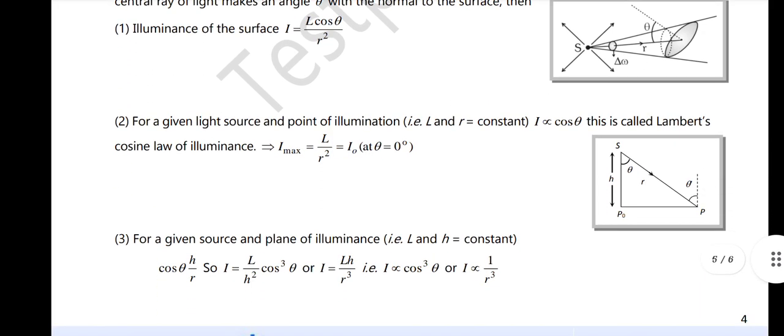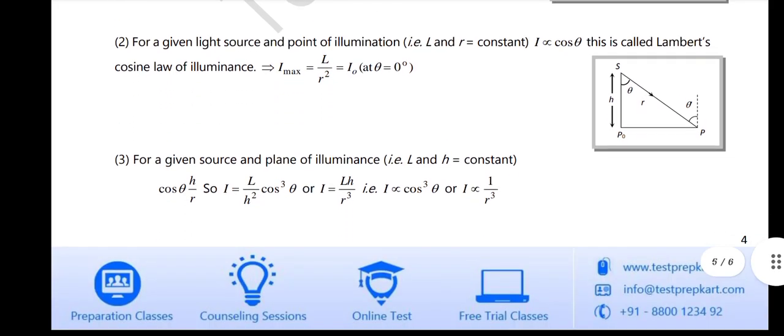For a given light source and point of illumination, I ∝ cos theta. This is called Lambert's cosine law of illuminance, where I max = L/r², which is equal to I naught at theta = 0 degrees.